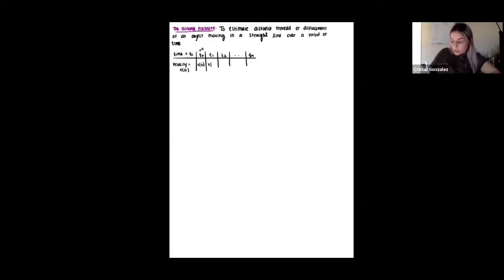So we'll always get these values, v of T1, v of T2, all the way to v of Tn, because we want to evaluate the velocity at that specific time. So how fast are we going at that time? This here is going to tell us how fast we are going, and this is our time steps.